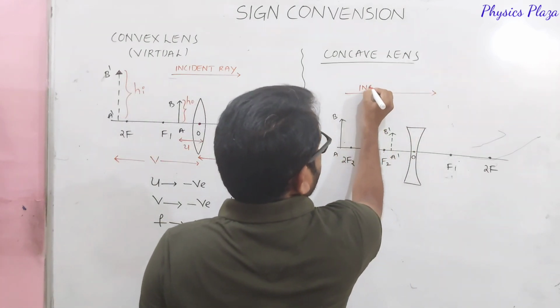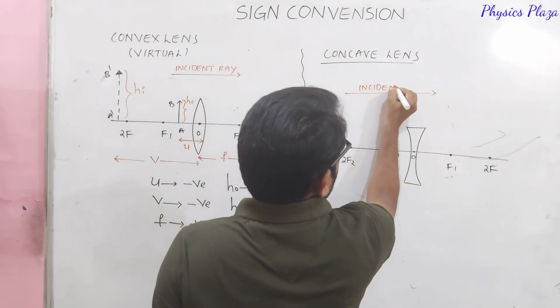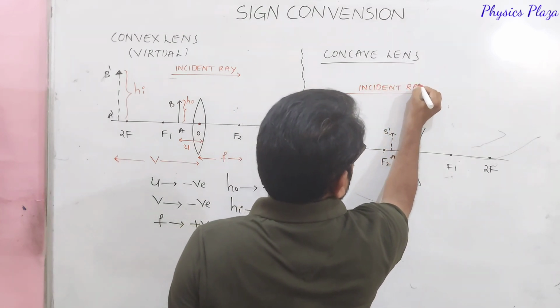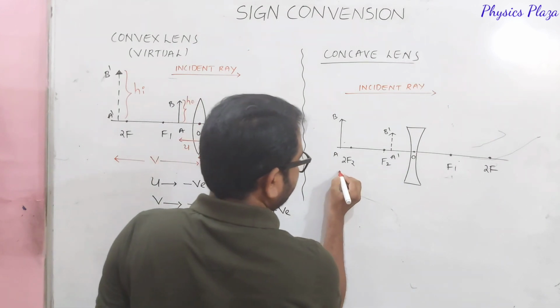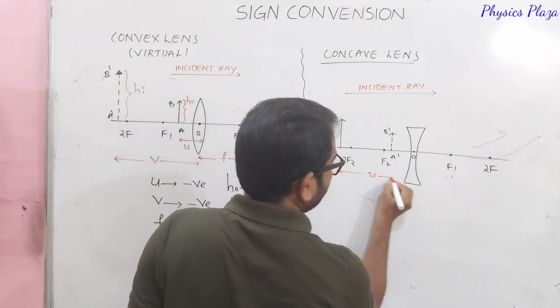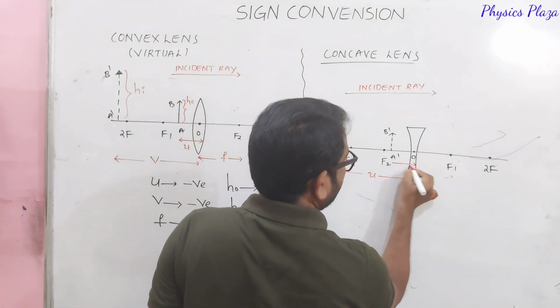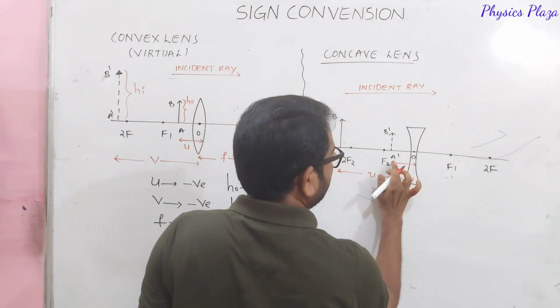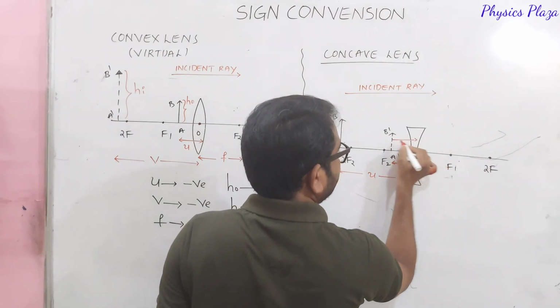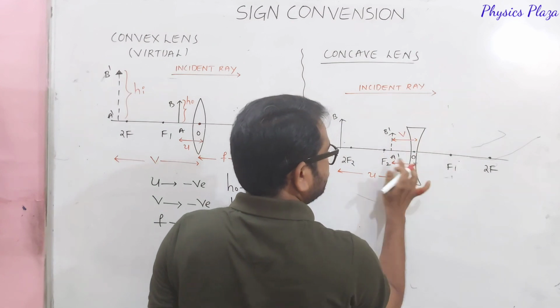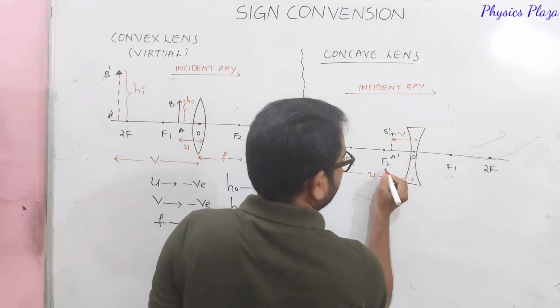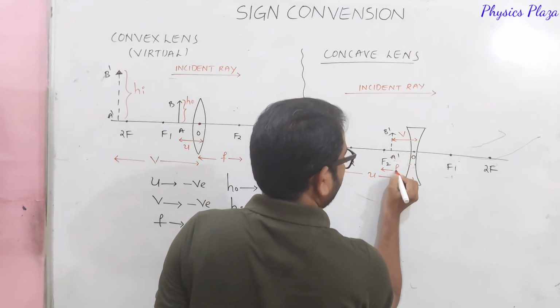That is the incident ray. This is a reference for us to take the measurements, either positive or negative. Children, this is the object distance u, and this is going to be the image distance v. So here, one very important thing, this is going to be the focal length.